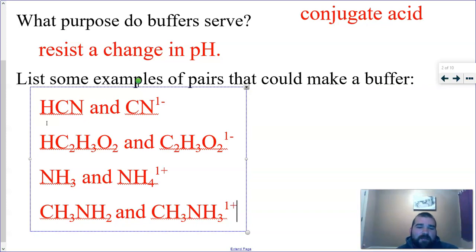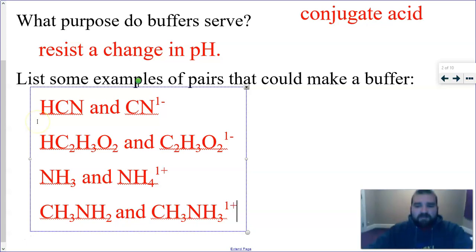So you get the idea. It doesn't really matter. You could make a buffer with all sorts of different weak acids and weak bases. But what does matter is that you have a weak substance and its conjugate in the solution at the same time. That's what's going to produce a buffer.